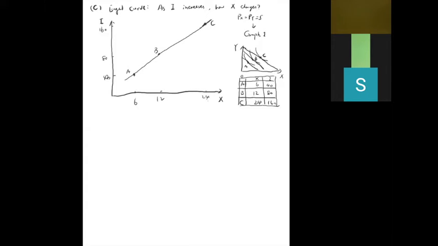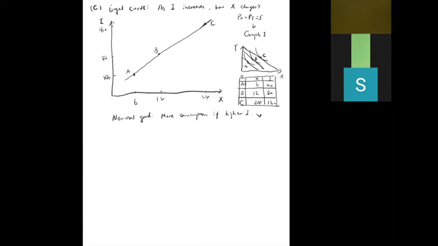And about whether it's a normal good, a normal good is something you consume more if your income is increased. So it's more consumption if you have higher income. And in our case, as our income increases, our consumption of good X actually increases.